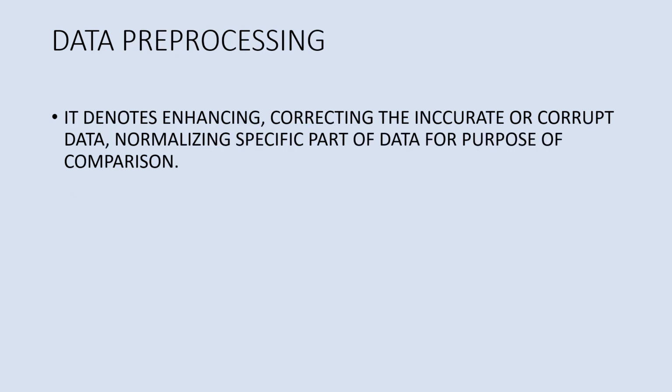Data preprocessing. It denotes enhancing, correcting the incorrect or corrupt data and normalizing specific parts of the data for the purpose of comparison. Like in case of voice recognition, we remove the background noises to get the clear audio of the speaker so that we can match it with a recorded original voice of that person.